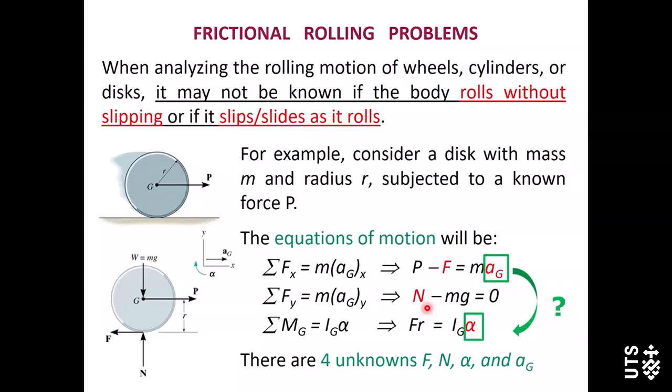We don't know if the rigid body rolls without slipping or if slipping occurs when this rigid body rolls on a surface. So for example here, that's the rolling rigid body. At this contact point, we don't know if slipping occurs.